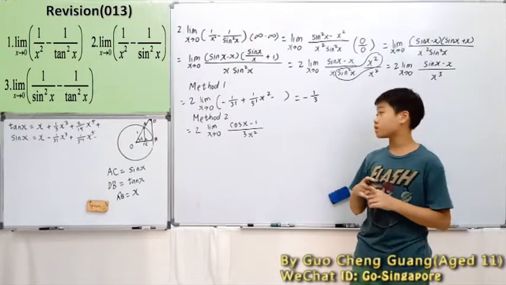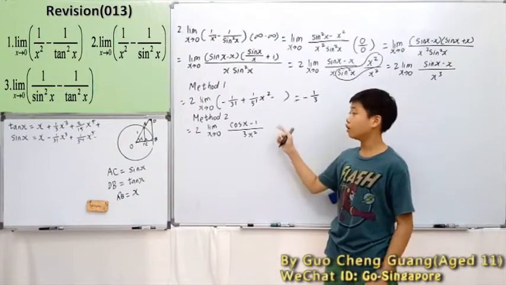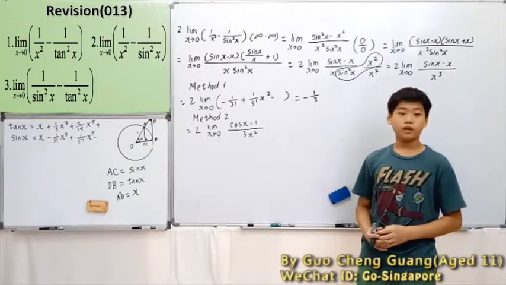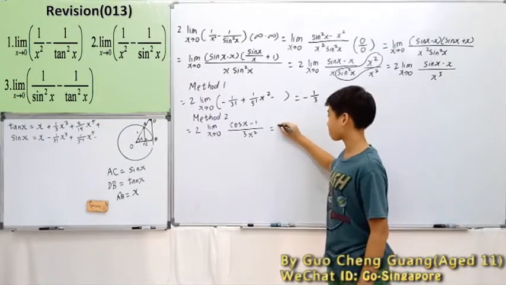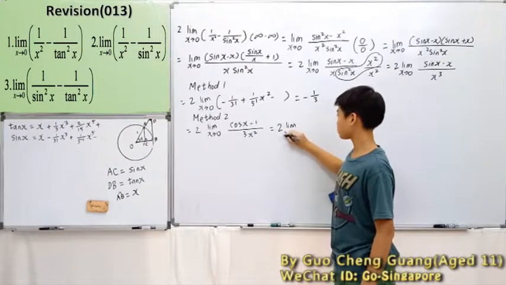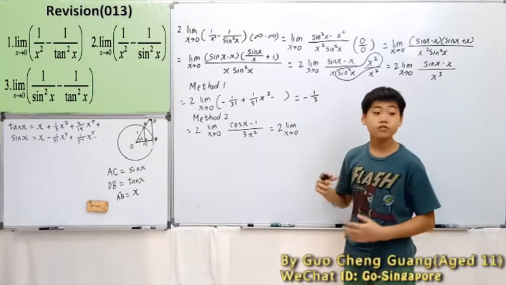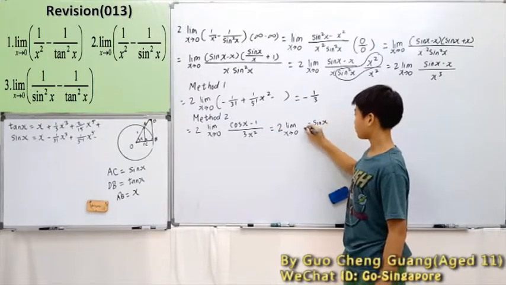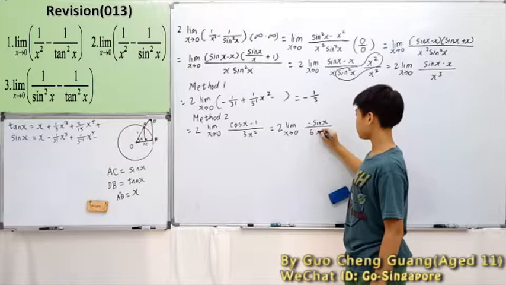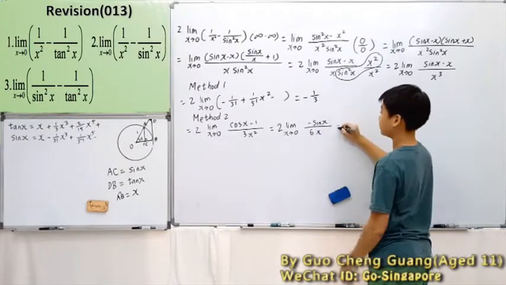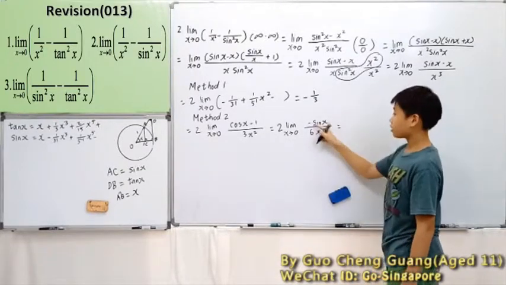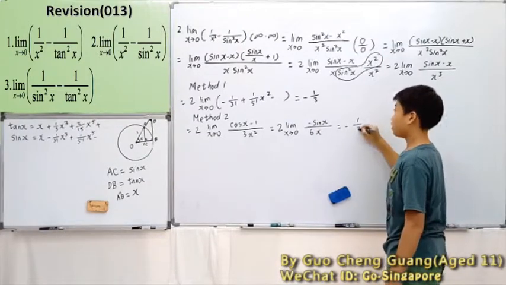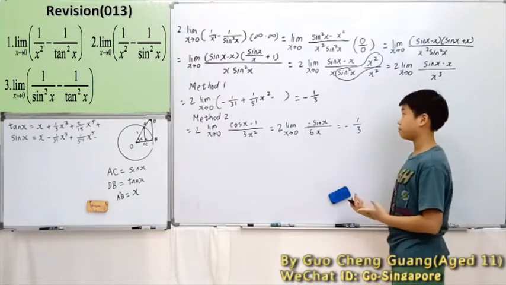But if you want to use L'Hopital's rule again, you can also use it. Well, let me just show you what it will be like. So if you use L'Hopital's rule again, okay, you could actually take this to the front, and then you'll realize this part is special limit number 1. You have negative 1/3, so it's still the same.